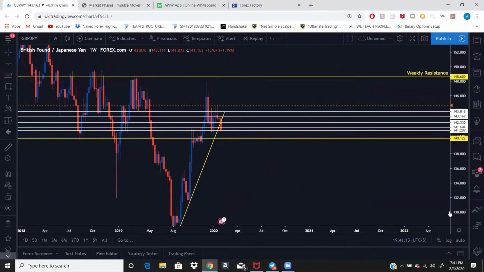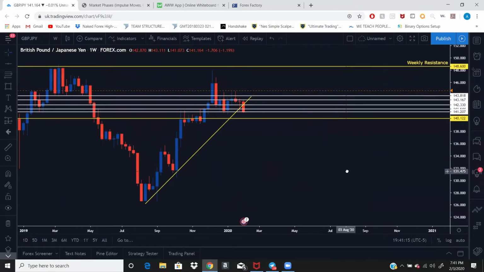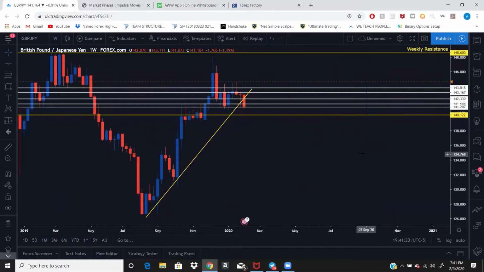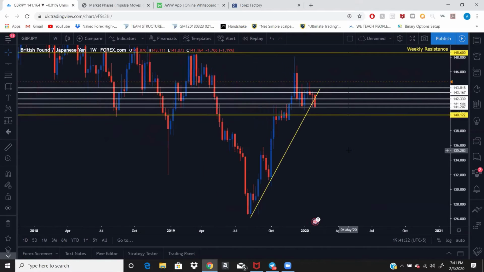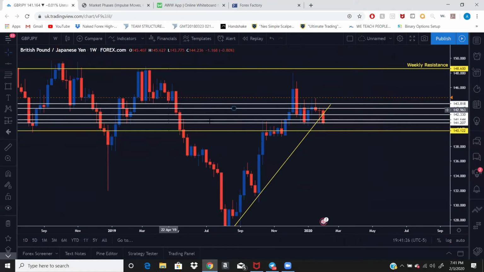All right, let's see this on the weekly. All right, we are breaching this weekly uptrend. We are breaking weekly uptrend. Okay, let's just clear this up.